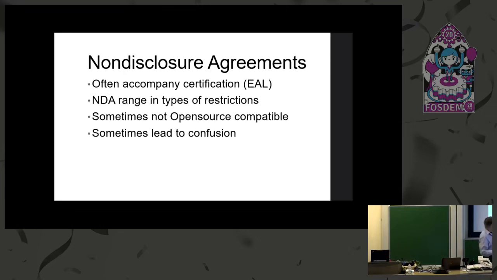But it does lead to confusion sometimes, and it will possibly mean that if you understand what's in the API, the names of the assembly opcodes that the secure element can understand, or the I2C commands, after you sign an NDA, you can't use that information in your source code if it's public. So this is kind of a difficulty, and it's the reason that it's part of this discussion.